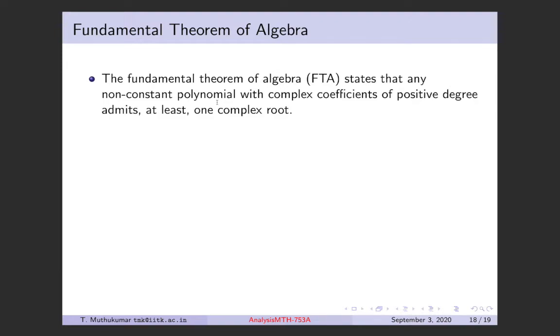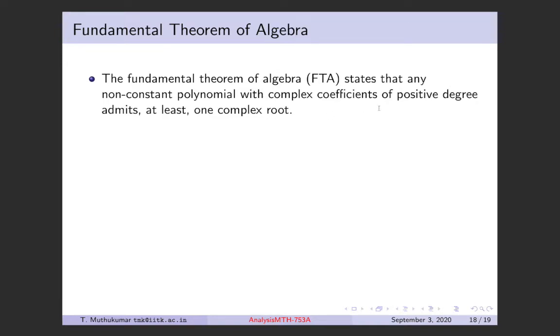And any other constant polynomial will not have any zero. So every non-constant polynomial with complex coefficients of positive degree admits at least one complex root. So this statement is actually enough. What we are saying here, we are not talking about exactly n roots, I mean exactly as many roots as the degree of the polynomial.